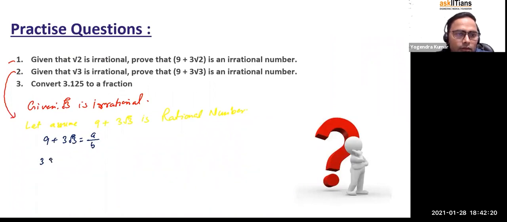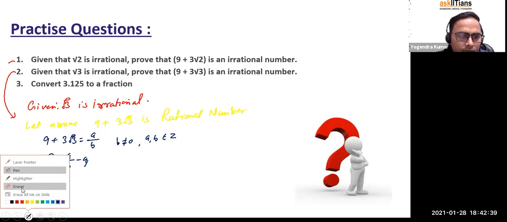Now 3 root 3, and a and b belong to integers, Z, I'm writing in short like this, but you can write the full statement. So a by b minus 9.